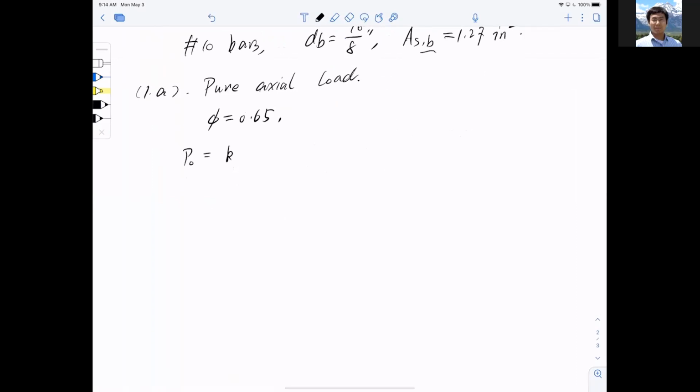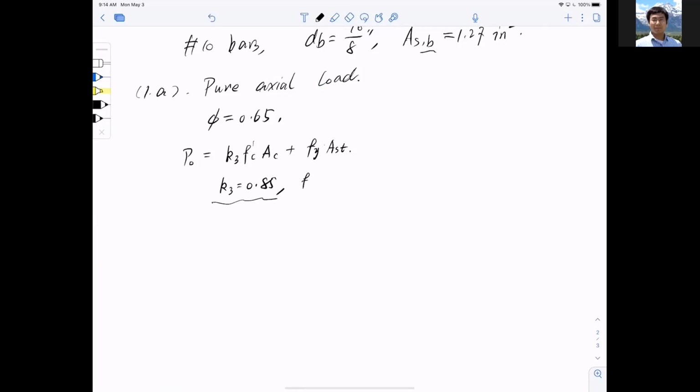One is K3 f prime c Ac, the concrete part, plus the steel part, which is Fy Ast. Now K3 is equal to 0.85, a constant. If you forgot where this comes from, go back to the previous lectures, but we just show you that K3 is 0.85 without any derivation.